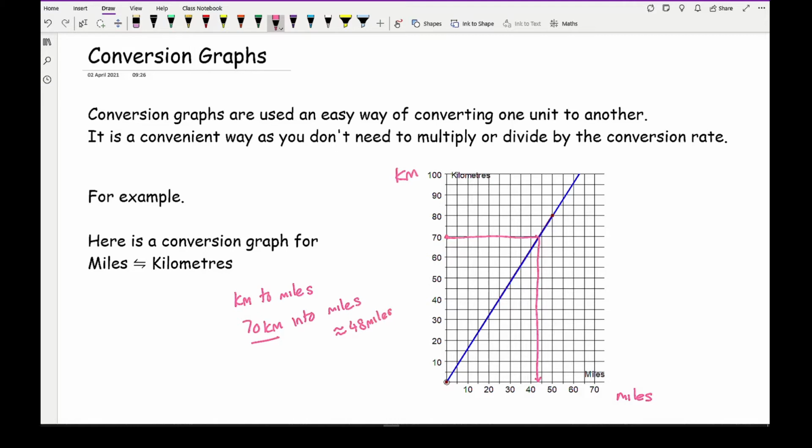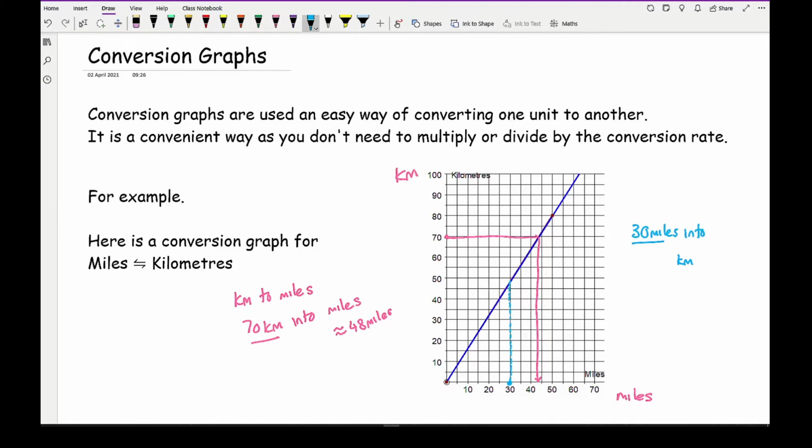Now if I was going to convert 30 miles into kilometers, I'd find 30 miles along my horizontal axis, so here's 30, and I would draw a line going vertically up until it hits the line.